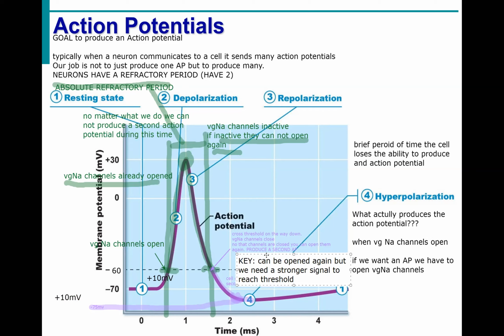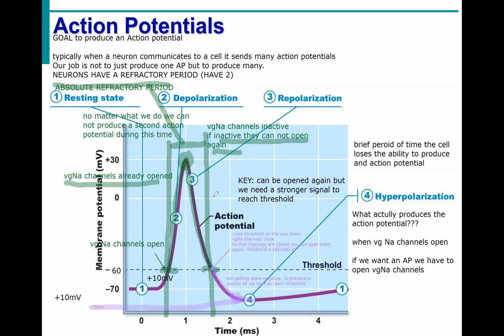So notice starting at this point right here, when it closed, all the way to when the cell gets back to resting membrane potential, during this period of time, when the cell is negative, we can't get threshold easily, but it takes a bigger signal. And this period of time we call the relative refractory period.